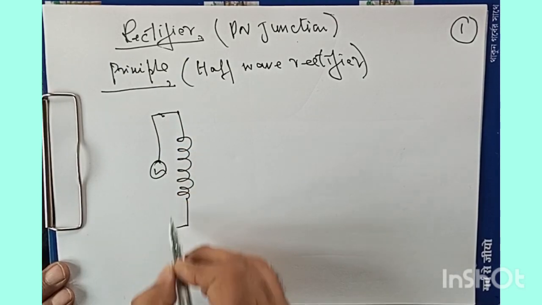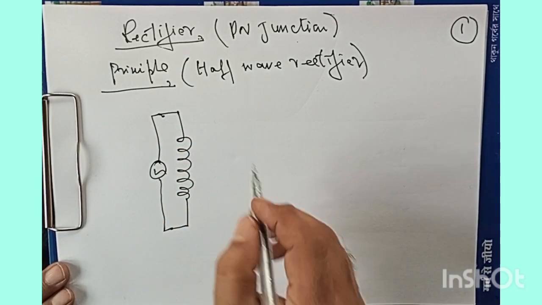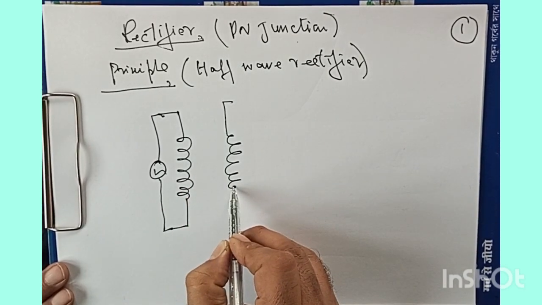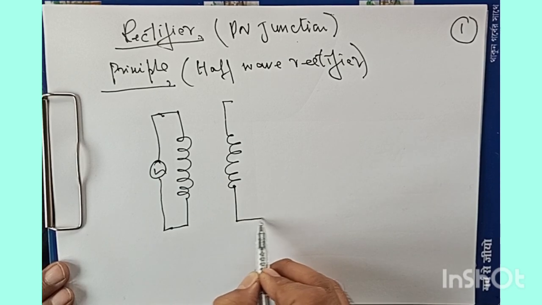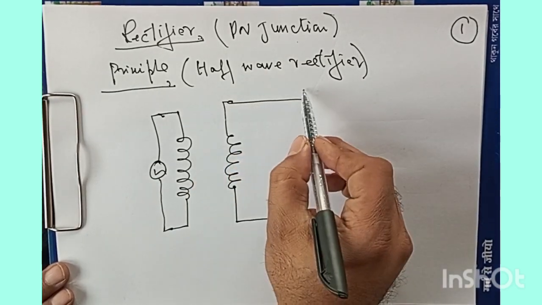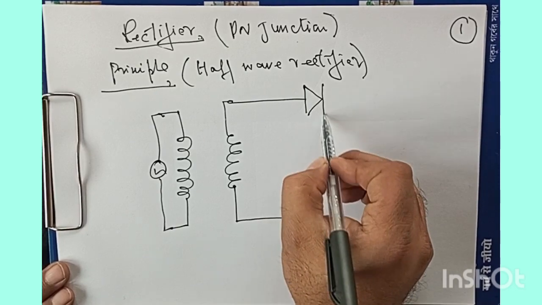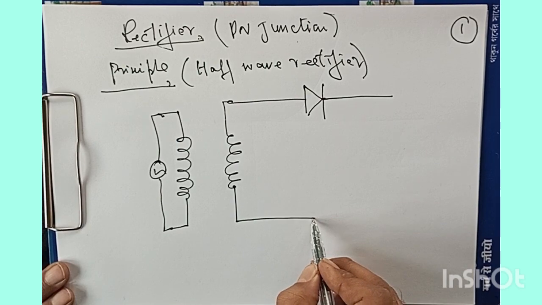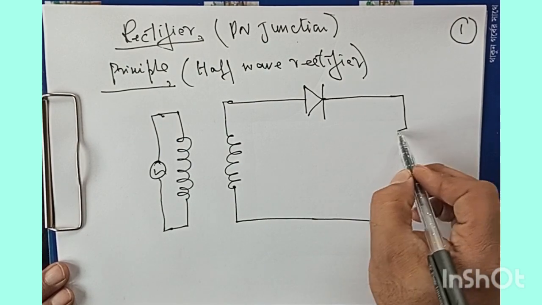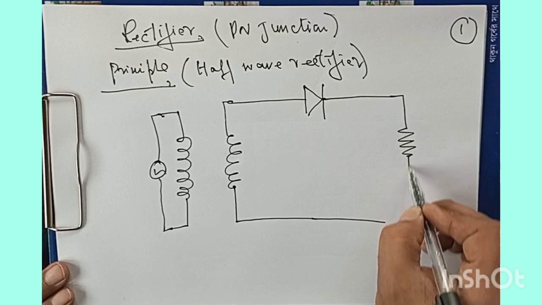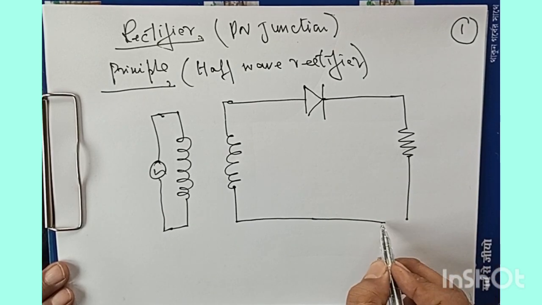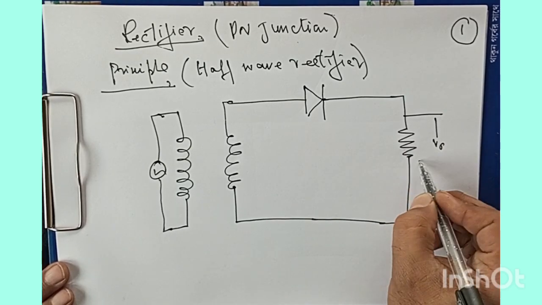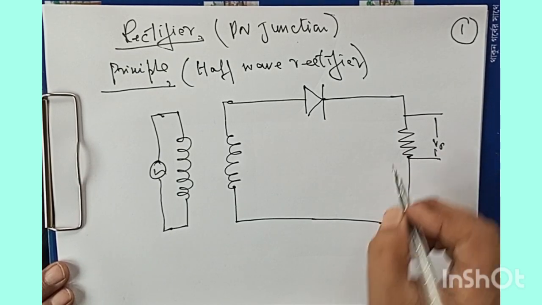Here we have the current, and then we have the secondary coil of the transformer, and we have a PN junction at one of its ends, and then here we will have the load RL. So at this point we'll be able to get our output. So this is RL.